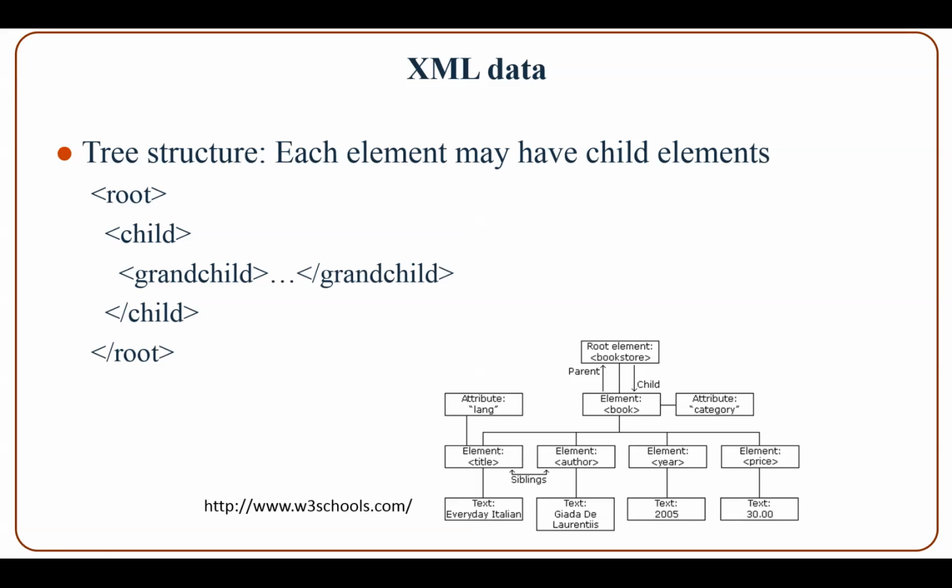For example, the root element has a child, and the child in its turn has its own child as well. That is a grandchild. And from the child, the parent element is the root element. Elements that have the same parent are siblings.